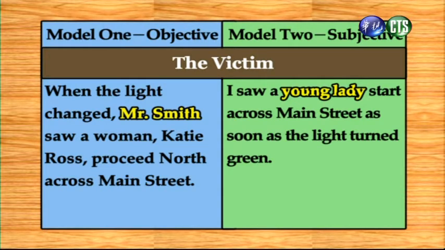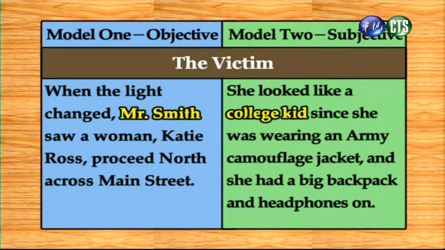And here in the subjective version, we have some more opinions or guesses in it. For example, over here, we just say young lady. We don't actually have an age or anything like that. And a little bit later in the essay, we see the victim is mentioned as being a college kid, even though we don't have any evidence that she's actually a college student.